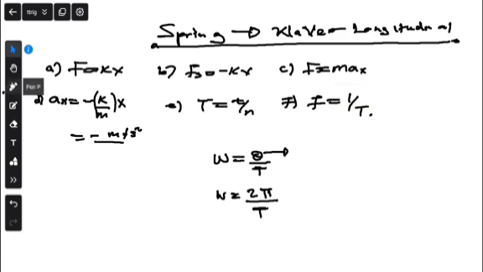Since this angle here is in radians, isn't it? This angle is in radians, and this is the period which is measured in seconds. And this one here is in radians, and it is measured in rad. So therefore, this angular velocity, which is written like this, is going to be measured in rad per second.